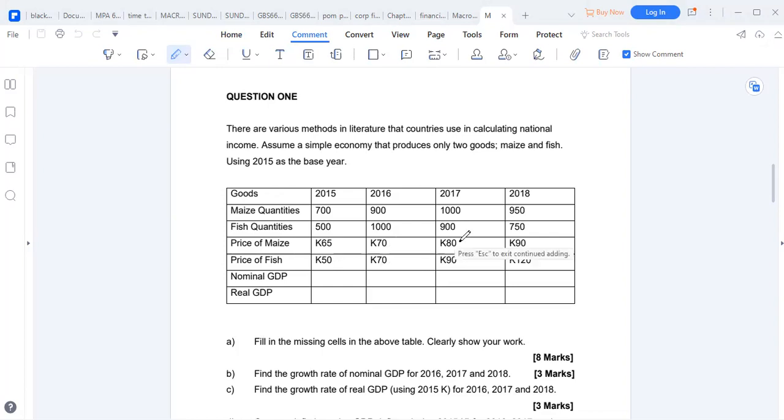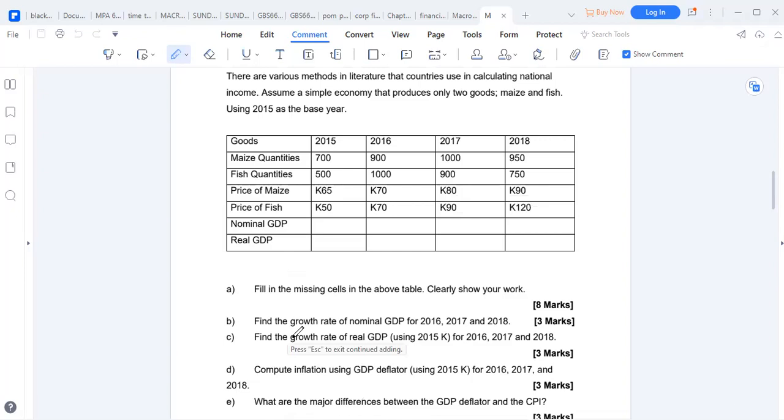So we are saying you need to fill in the missing cells in the above table, clearly show your work, which is 8 marks. Then find the growth rate of the nominal GDP for 2016, 2017, and 2018. Then find the growth rate of the real GDP using 2015 for 2016, 2017, and 2018.